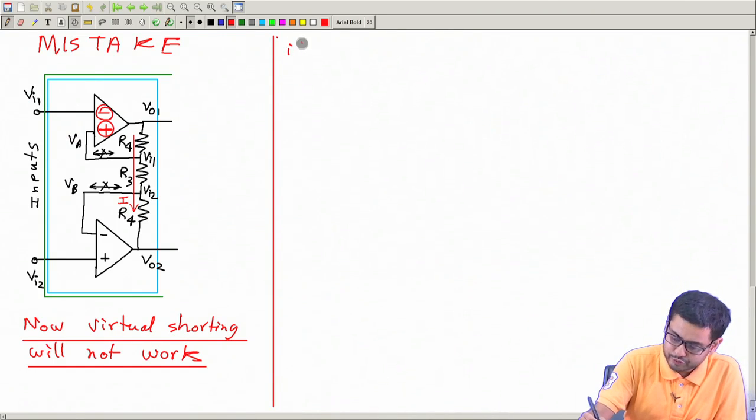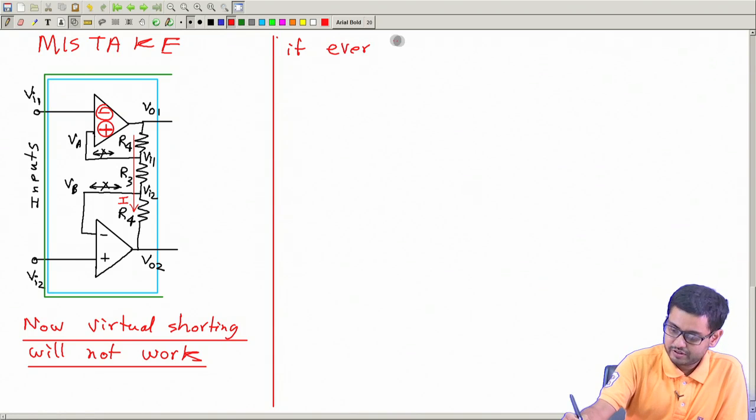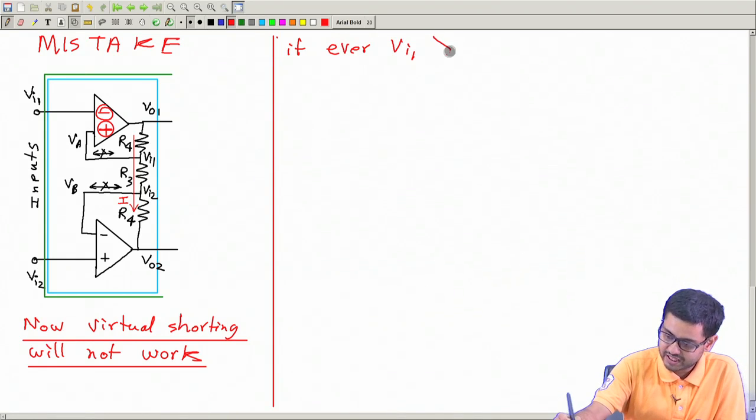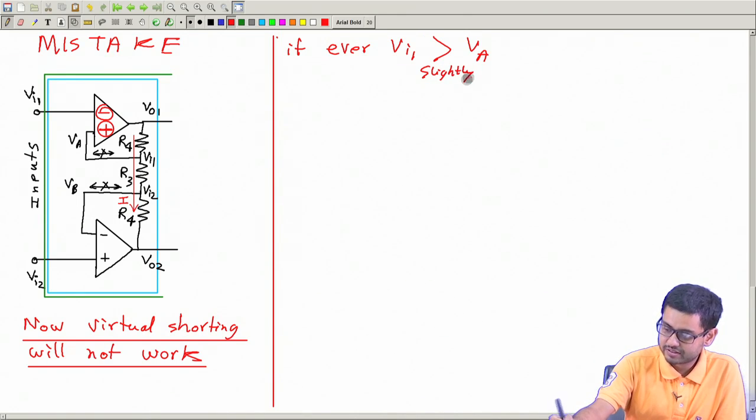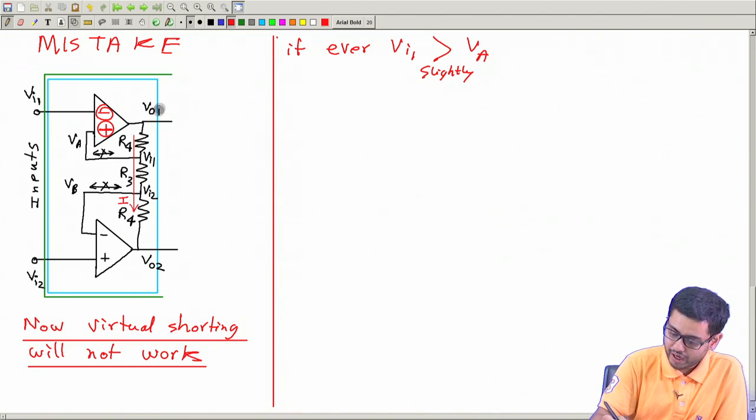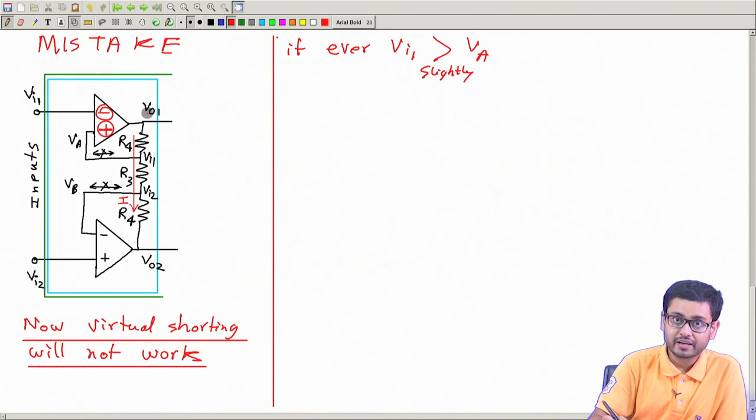If ever Vi1 becomes slightly greater than Va, then what will happen? VO1 will try to go towards negative, because this is higher.